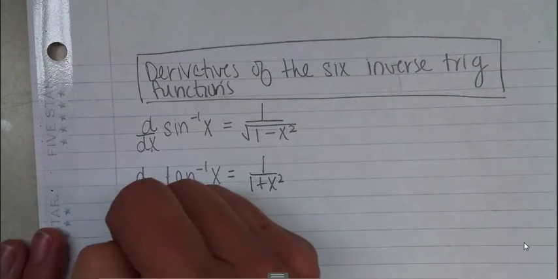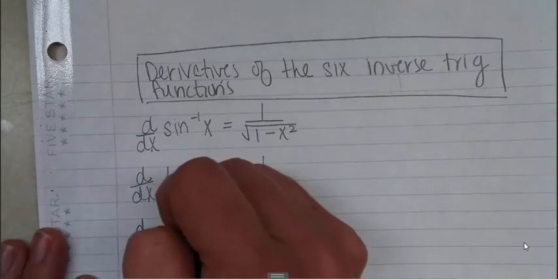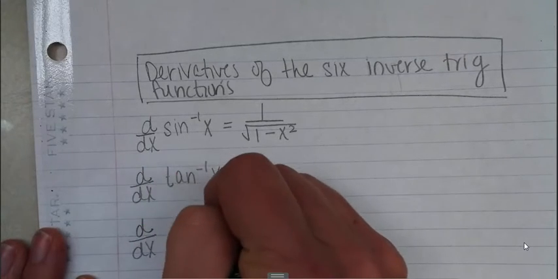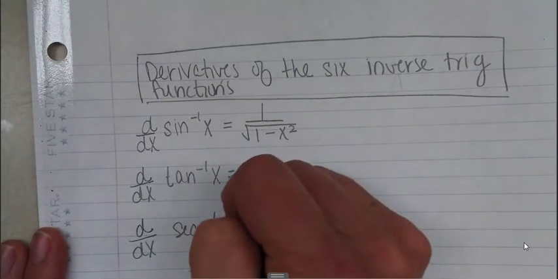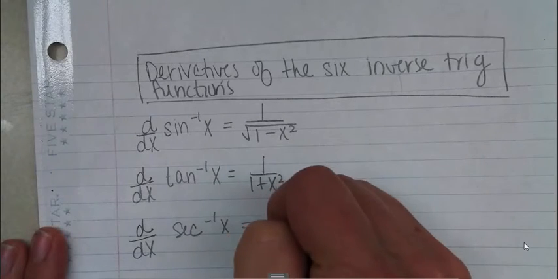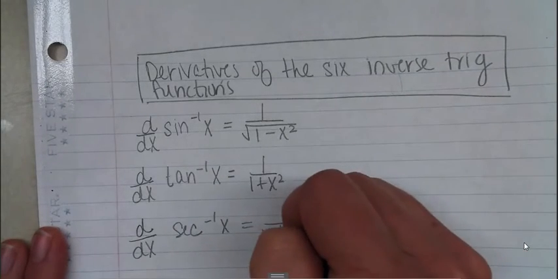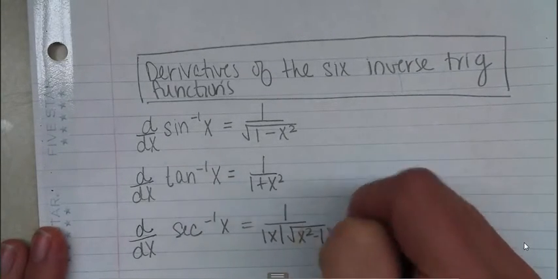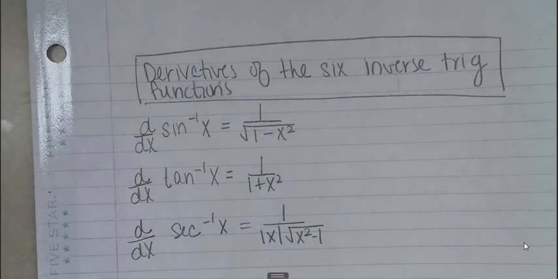The derivative with respect to x of secant inverse, or inverse secant, is going to equal 1 over the absolute value of x times the square root of x squared minus 1.